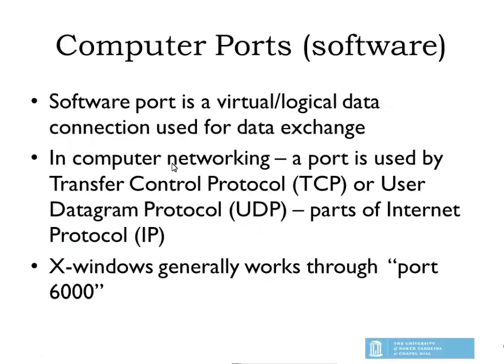So to understand how Windows work, we're just going to briefly talk about computer ports. So software ports are logical data connections that are used for data exchange. Remember, with the secure shell program, we are connecting to a specific port, which is 22. There are thousands of ports, generally going from 1 through 65,000, that have specified uses.